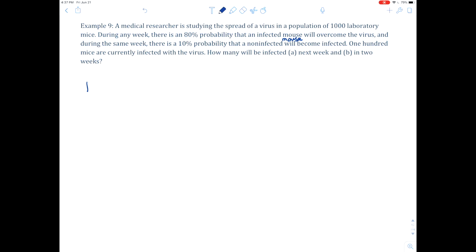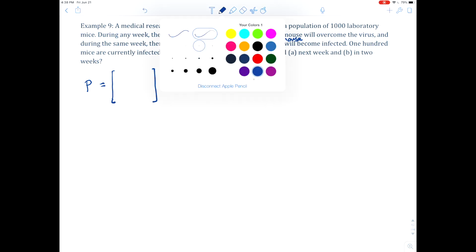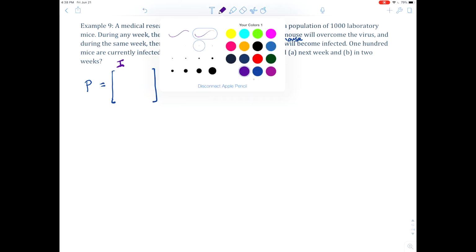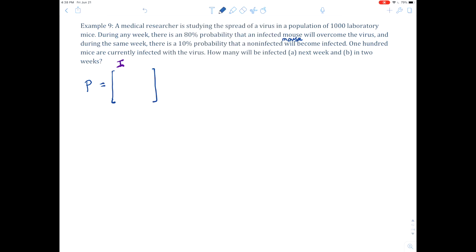So, if we want to think of P equal to this matrix here, it's got these different states, okay? So it can be infected or non-infected.